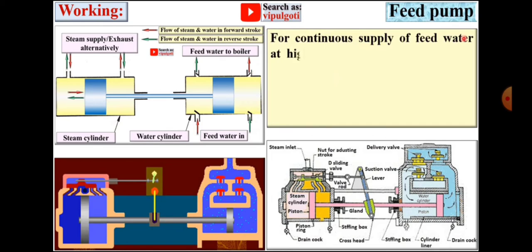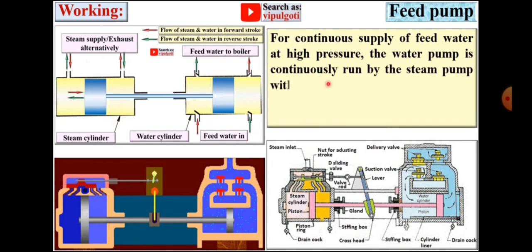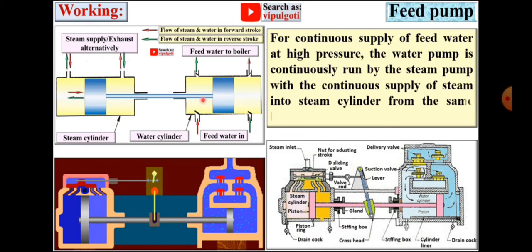For continuous supply of the feed water at high pressure, the water pump is continuously run by the steam pump. So this one is the water pump that is continuously run by the steam pump due to the expansion of the steam in the steam cylinder. And then this high pressure feed water is supplied to the boiler.